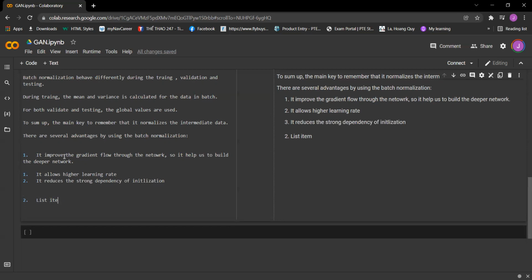And the last one is it acts as a form of regularization and reduces the dependency on dropout.